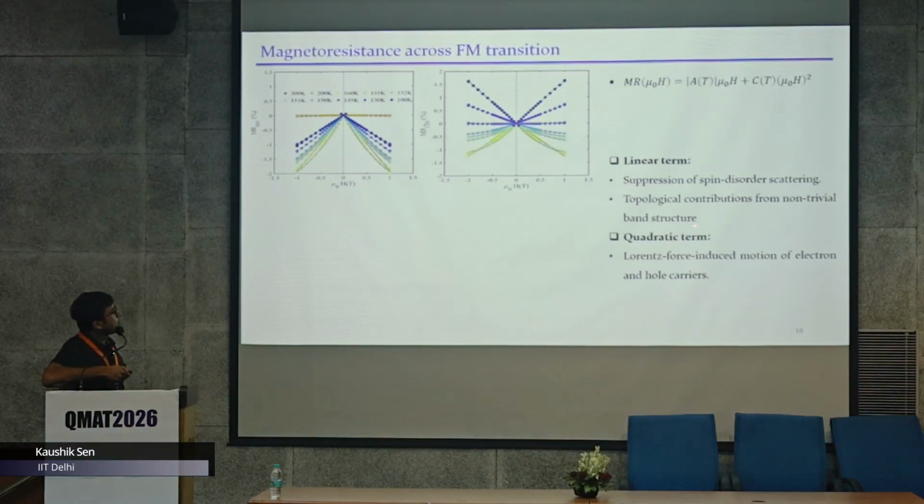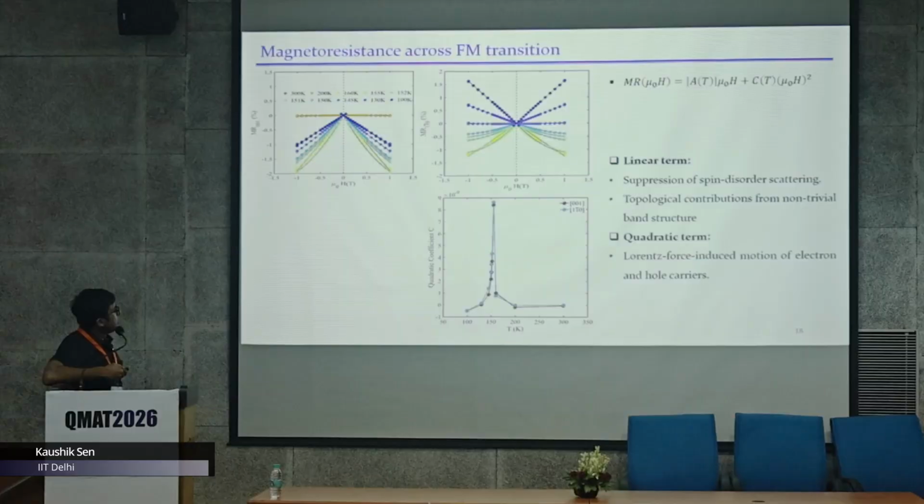And also in the topological case, band structure, Berry curvature induced linear magnetoresistance can also come. And the quadratic term can come from the Lorentz force acting on the electrons. So anyway, we fit, and we saw that the quadratic term is only inflated near the magnetic transition, around the ferromagnetic transition. Left and right, it's gone.